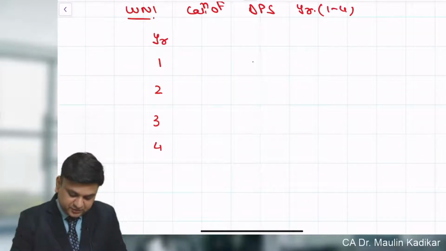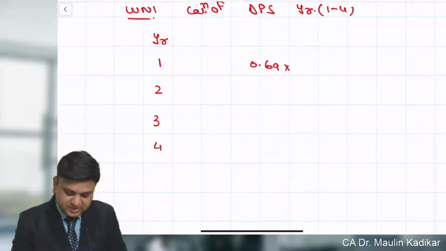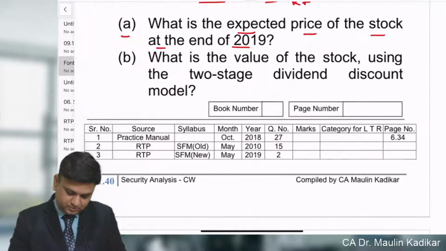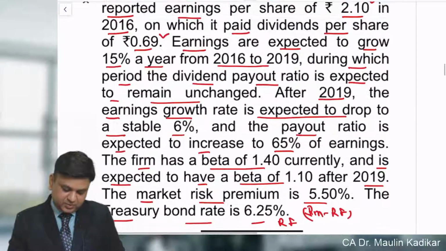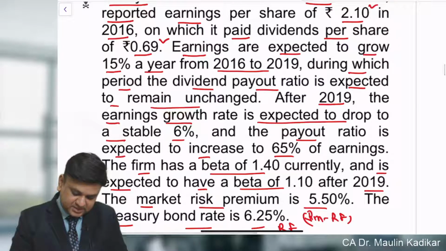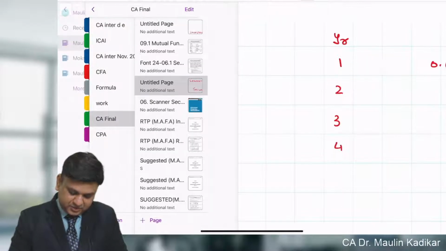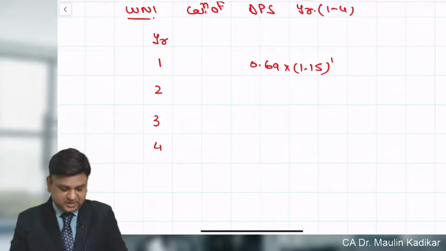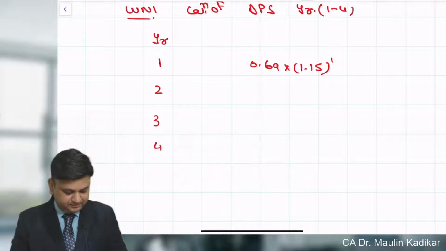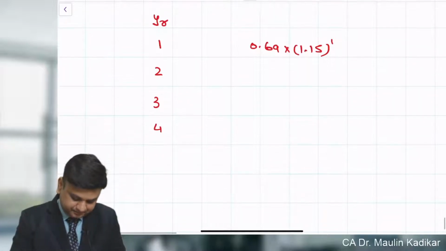The dividend per share for the first year end will be 0.69 into 1.15 raised to 1, because the question provides the information that earnings are expected to grow at the rate of 15% from 2016 to 2019. So for the first year end, 0.69 into 1.15 is 0.79.